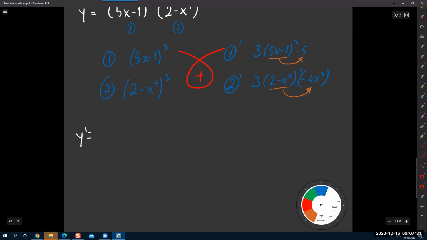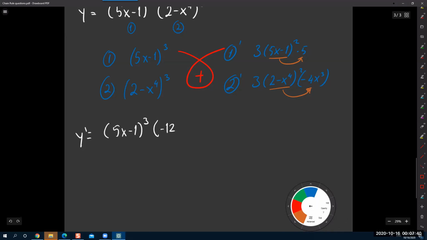So that's going to be what? 5x minus 1 cubed times this guy, which is what? Negative 12x cubed, 2 minus x to the 4th squared, plus, oof, that's a lot. 2 minus x to the 4th cubed, this guy, times the 1 prime, which is 15, 5x minus 1 in the parentheses squared.